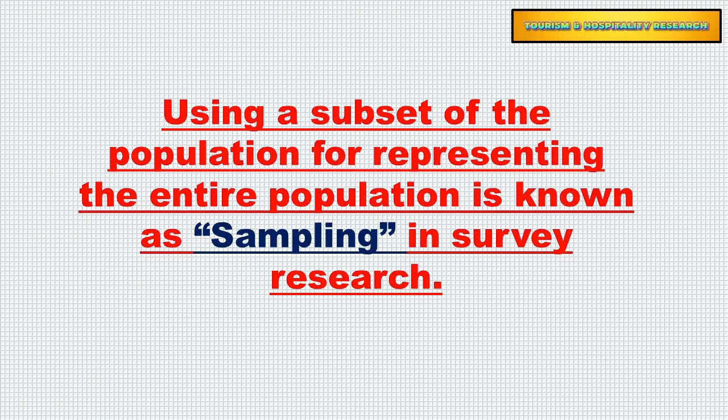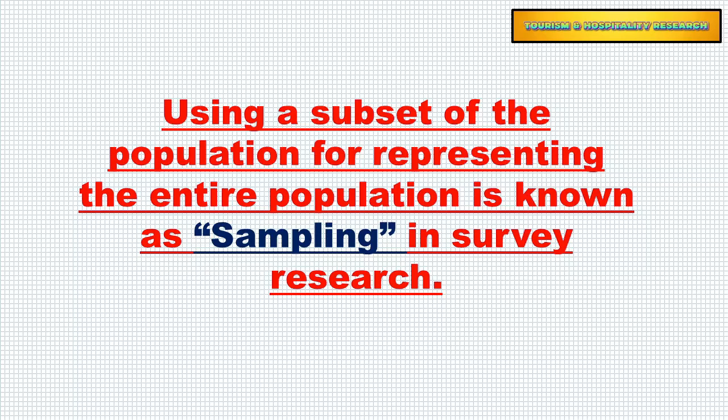So how to gather data from the population? By the word population, I mean the respondents who are of interest to me as per my study's research question and objective, the people I am going to survey. That large group of people is known as population.